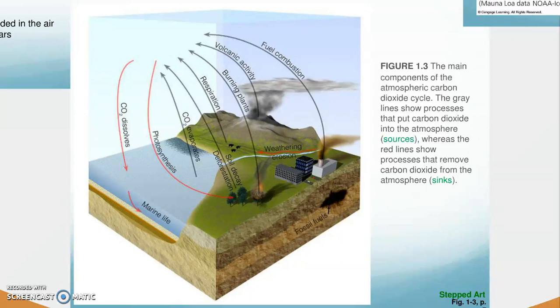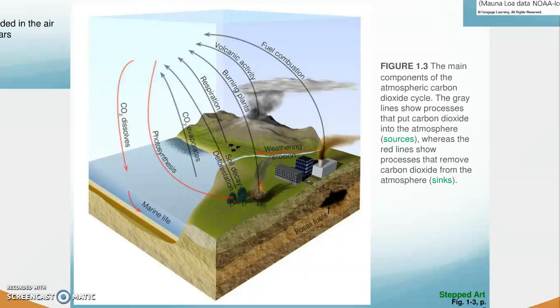As water evaporates, carbon dioxide does too, so that is a source. When soil decays and plants decay, that releases carbon dioxide. Animal life through respiration releases carbon dioxide. Burning plants, volcanic activity, fuel combustion, those are all sources of carbon dioxide.